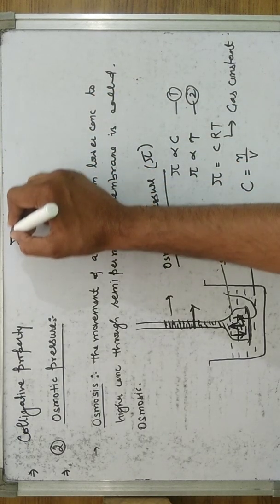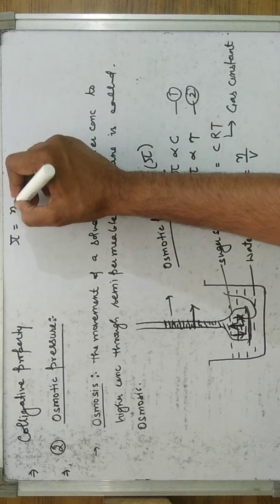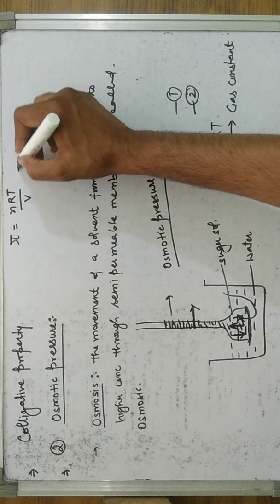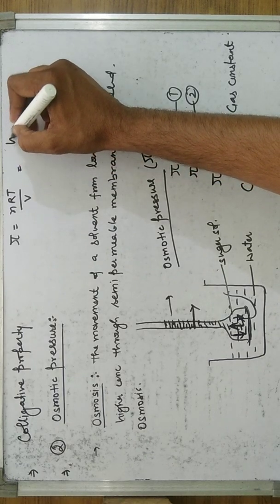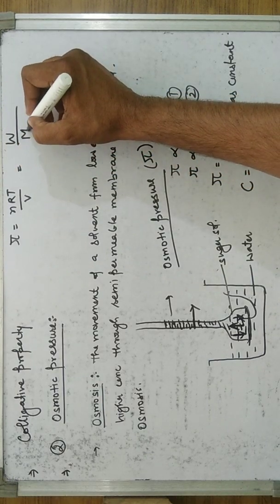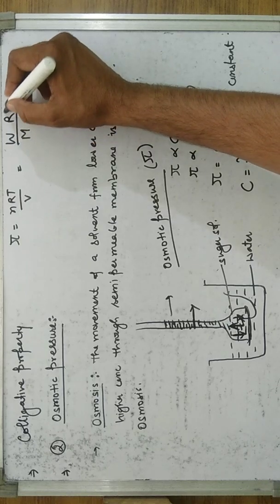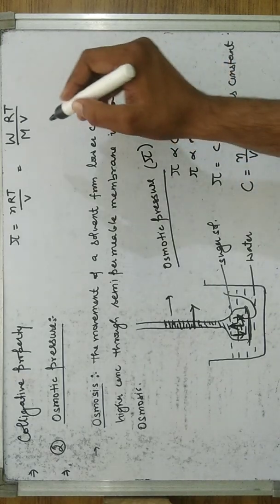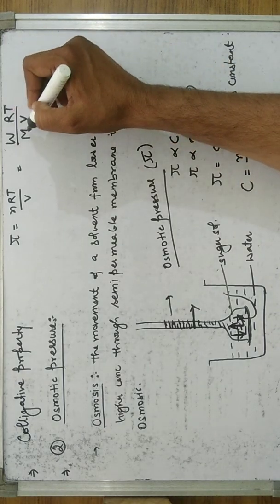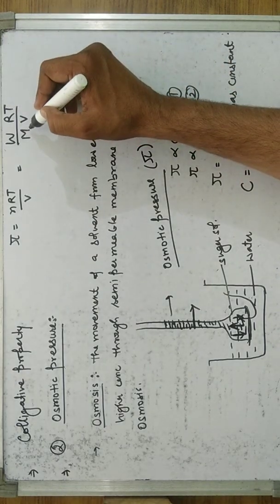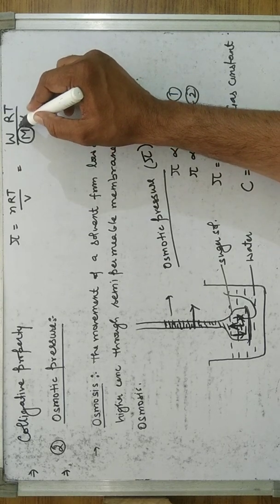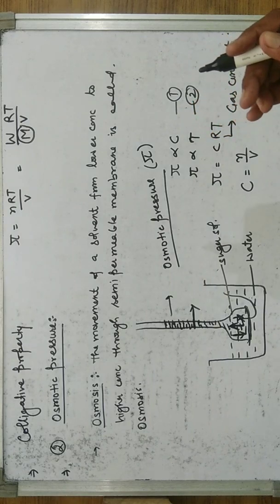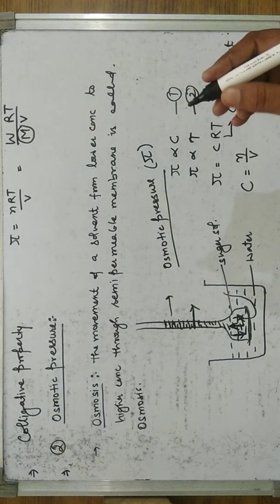Pi is equal to nRT by V, and n is equal to W, weight over molecular mass. This is our final equation. From this equation we are able to find out the molecular mass of a solute. It means we are able to find out the number of particles through it.